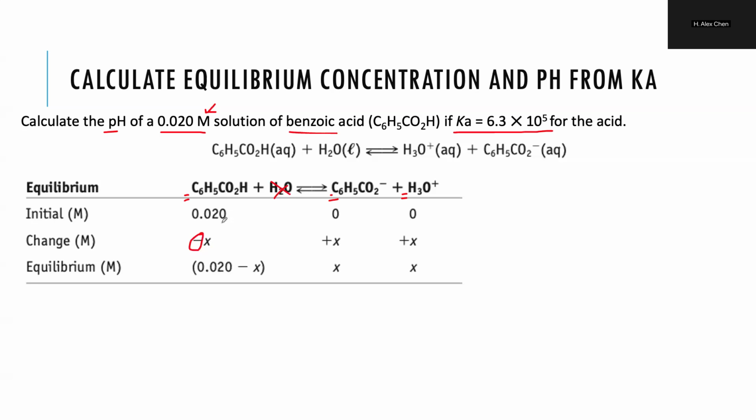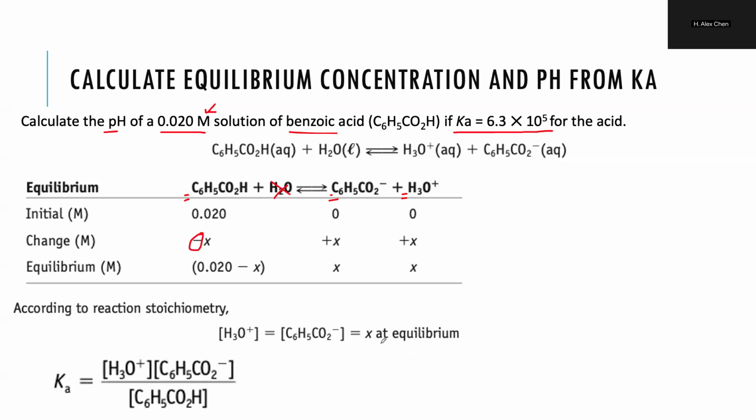And I have this equilibrium constant. According to the stoichiometry, I know that the H3O plus concentration is equal to the C6H5CO2 minus concentration, which is x at equilibrium. I can then write my equilibrium expression, products over reactants.